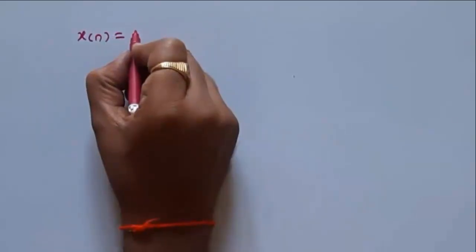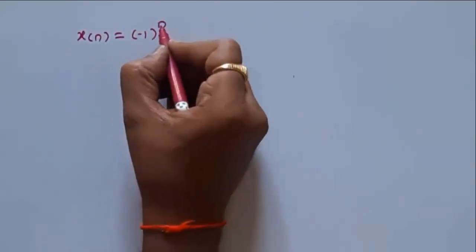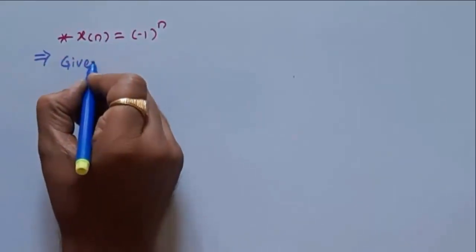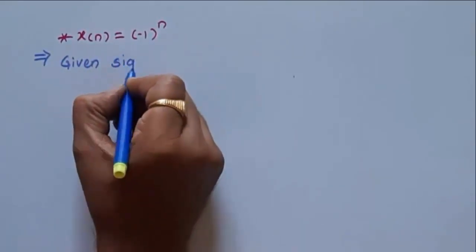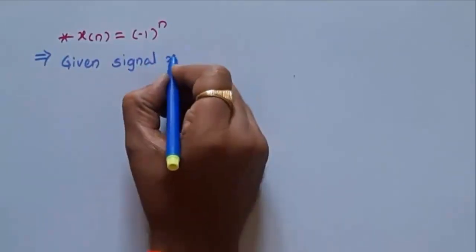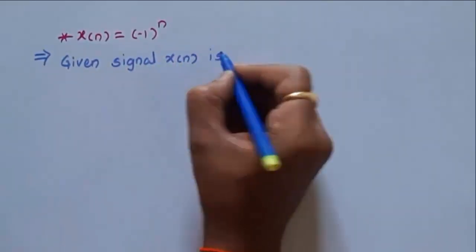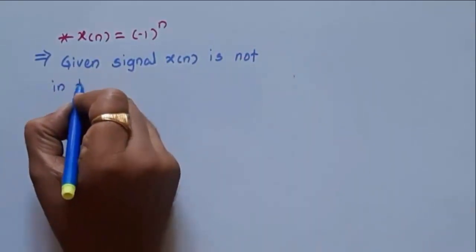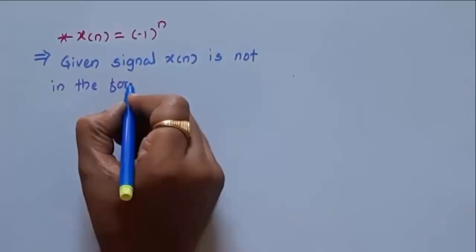Next example, x of n is equal to minus 1 raised to n. Here, the given signal x of n is not in the form of a standard sine or cosine.